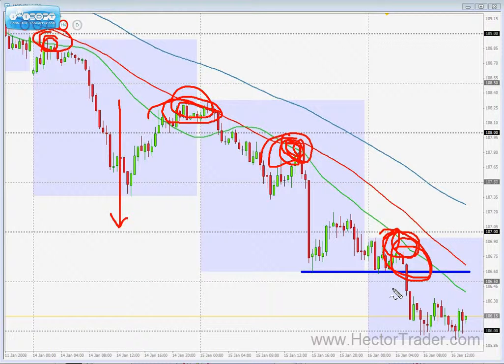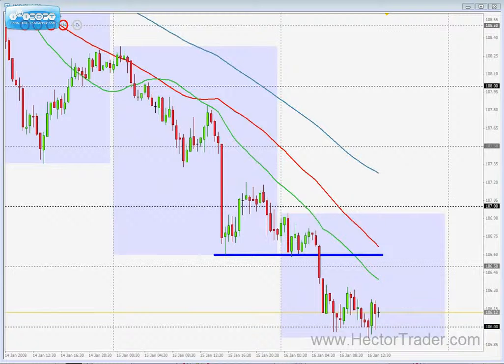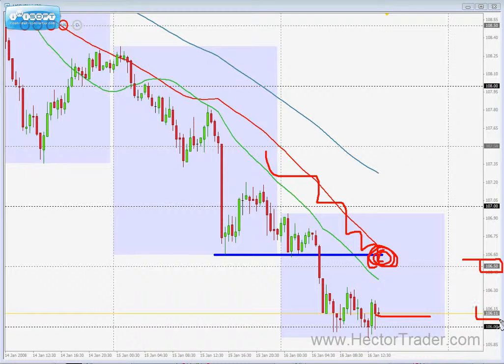Like I say, as far as my system goes, the dynamic area of resistance is the optimum level to search for an entry. Right now we are a little bit too far down below the dynamic area. The dynamic area is up here around 10650, whereas current market price is 10611. It's about 40 pips away. I'd like to see price retrace a little bit closer to that level.